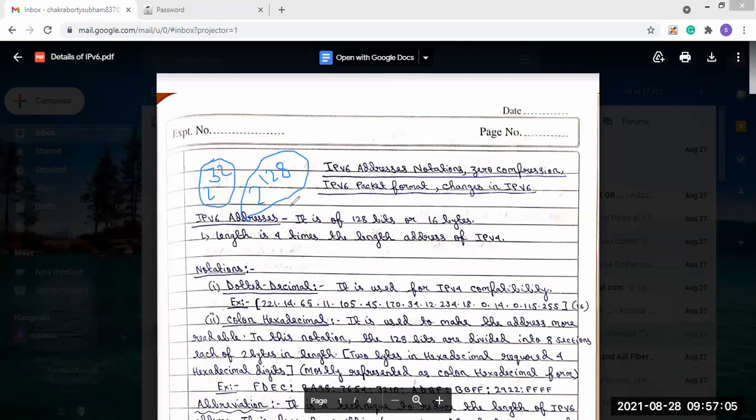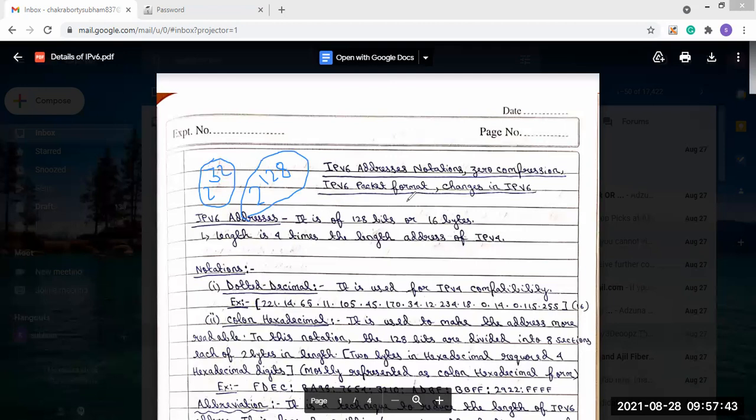Now, the dotted decimal notation is not used very much, but it is present in IPv6. Dotted decimal notation is used for IPv4 compatibility. That means the previous devices use IPv4 addresses, and the new devices which came use IPv6 addresses.